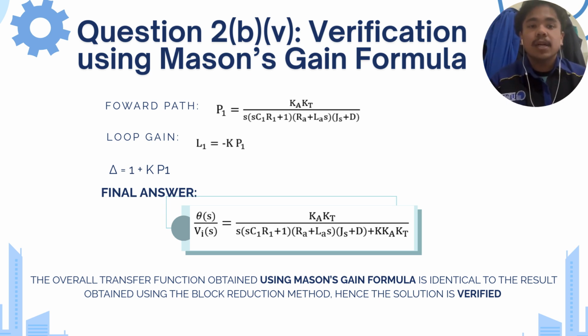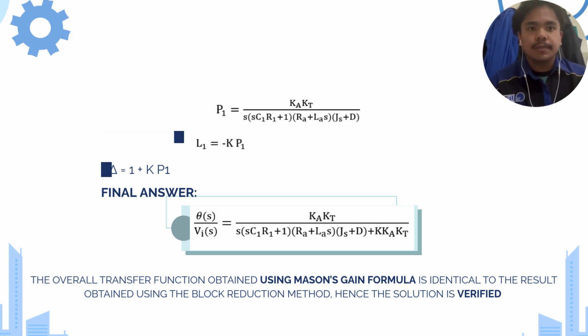Since there is only one forward path and one feedback loop, Mason-Gain formula can be applied directly to obtain the overall transfer function. The result obtained using Mason-Gain formula is the same as the one obtained using block reduction method. Thus, it verifies the answer.